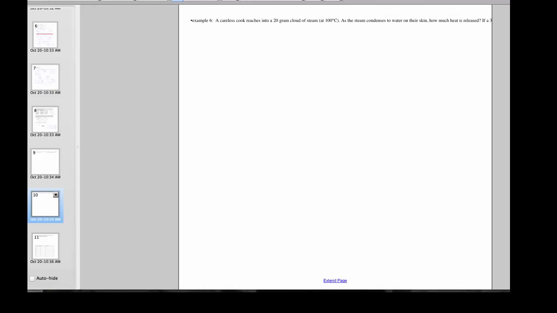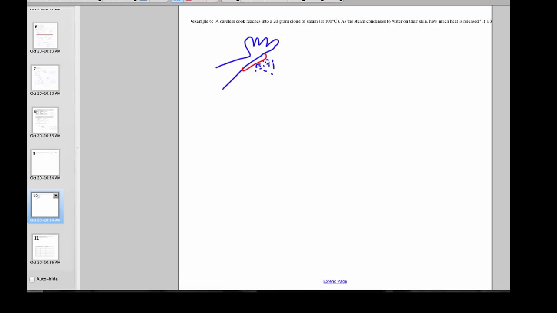Okay, so we'll do one last example in our video here. Let's imagine that you reach in and touch some steam. That steam is going to hit your skin, and it's going to condense, and then it's going to release latent heat, which is going to give you quite a bad burn. Let's just see how much thermal energy that is.